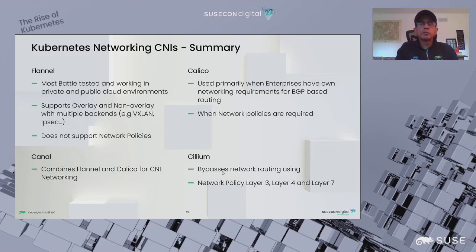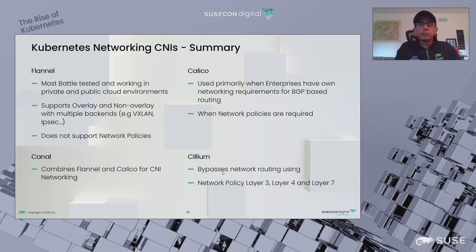Might not be as common to use it, let's say in cloud environments where BGP might not be used as much. Canal is a good option. It's well supported by SUSE Rancher, and that's when you're looking for additional network policies on top of what you typically get directly with just Flannel.